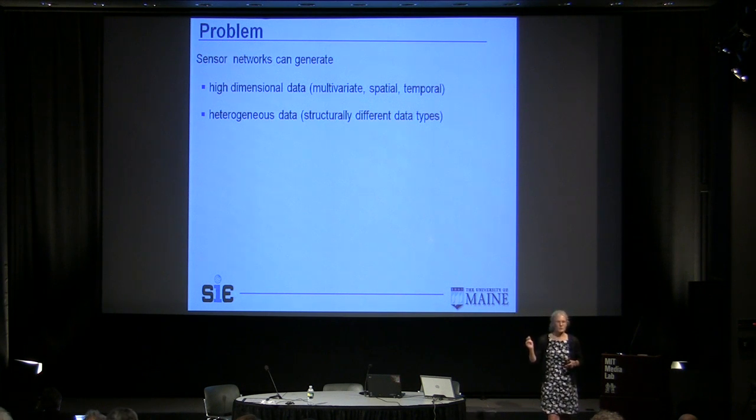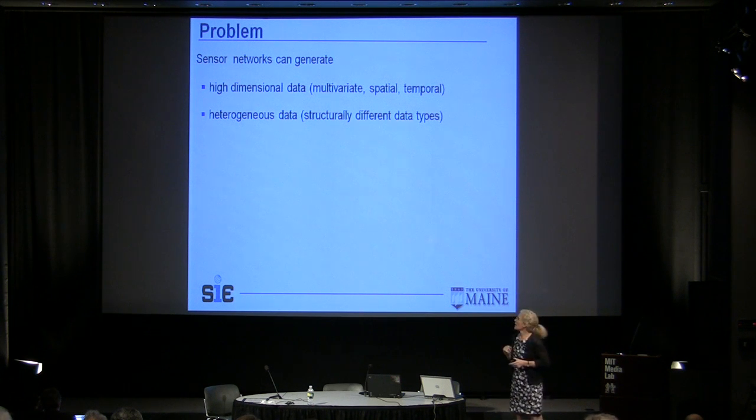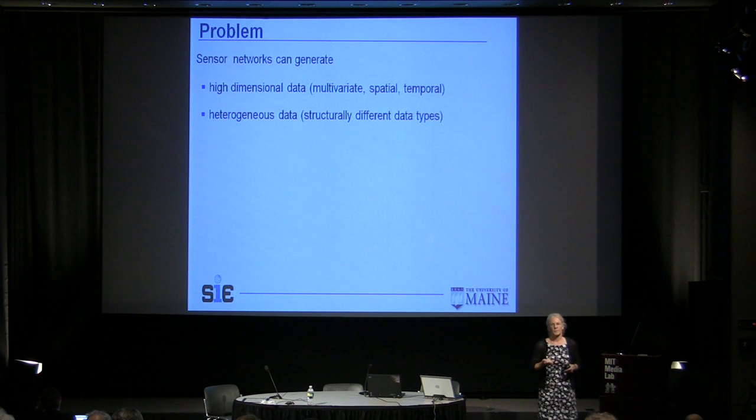In addition to the variables that we're measuring, the sensors are normally at a location, or we want to track the location, so we're georeferencing the position of these measurements. And then clearly we have a timestamp for all these measurements. So we have this rich spatial temporal and multivariate data set generated by them.